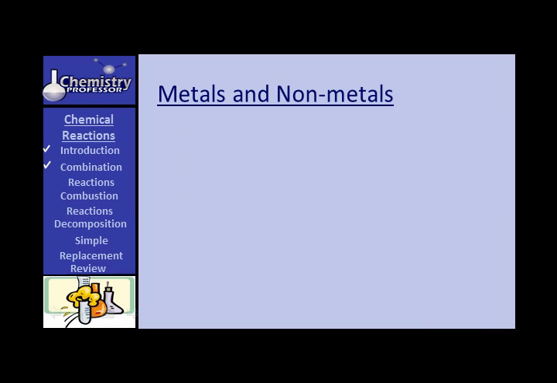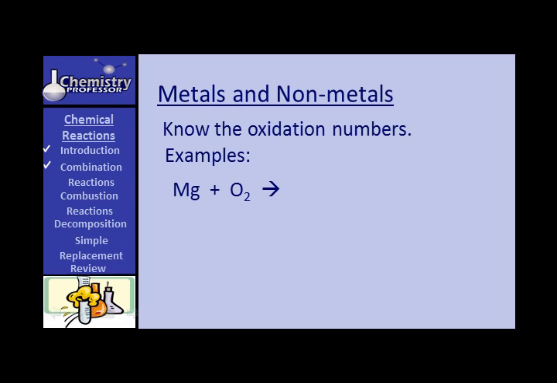When we predict reactions between metals and nonmetals, one of the things that we have to do is know the oxidation numbers of these elements, the common oxidation numbers, in order to complete the equation. For example, if we have magnesium reacting with oxygen, magnesium possibly burning in oxygen, we're going to produce a compound we expect of magnesium and oxygen.